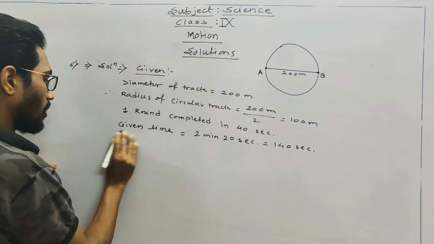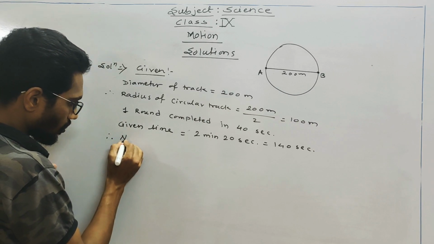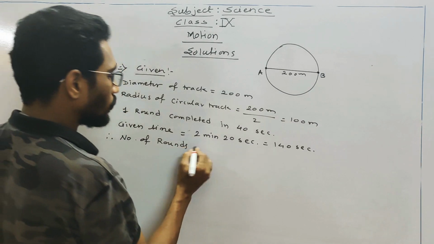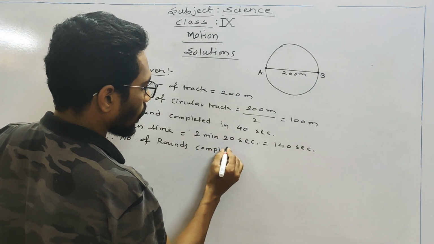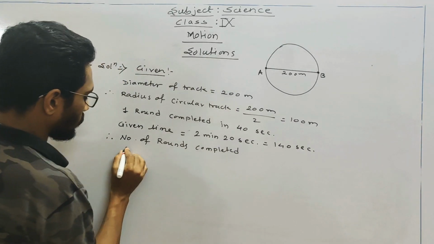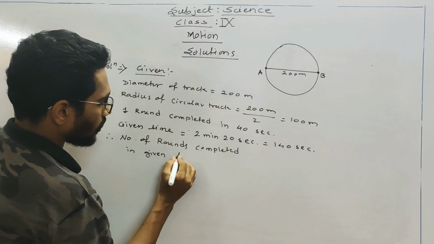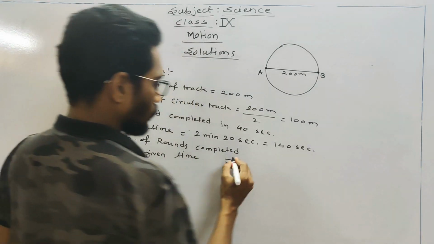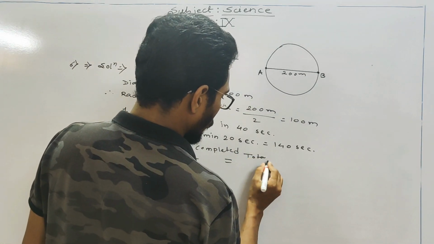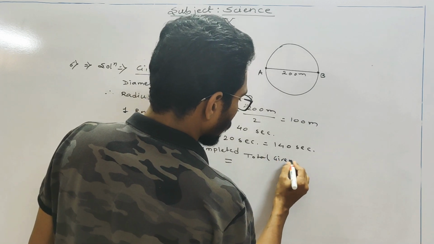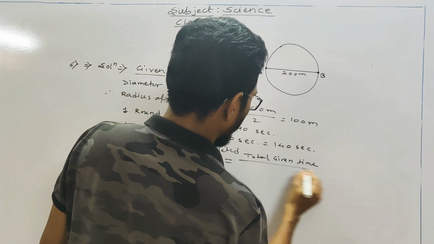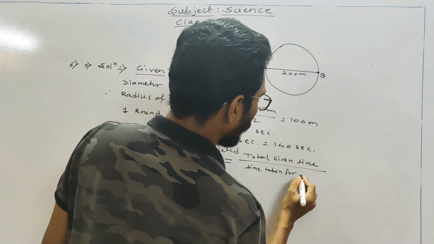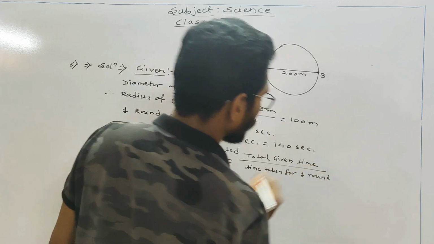Therefore, number of rounds completed in given time is equal to total given time by time taken for one round.